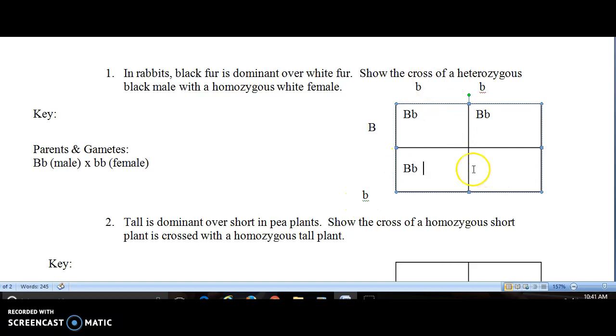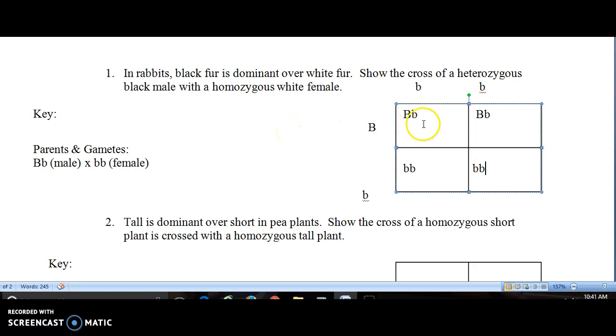And then in this final square, we go over to the final square, and we take the letter from the side and the top. Lowercase b, lowercase b. So if you look at this, these four squares are supposed to represent what percent chance you have of getting these traits.